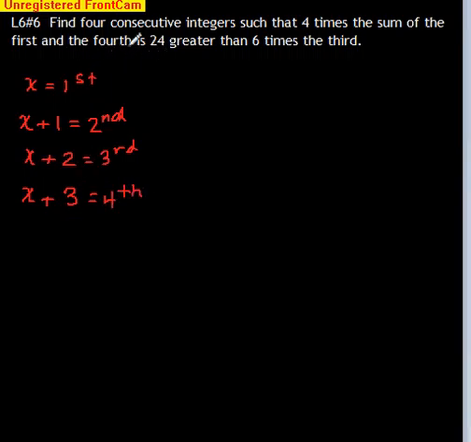Now we're going to write this in a sentence. Find 4 consecutive integers that's 4 times the sum of the first and the fourth. Here's the first. Here's the fourth. Whoops, I should have underlined this part of it. Here's the first. Here's the fourth. 4 times the sum. So 4 times the sum of the first and the fourth.